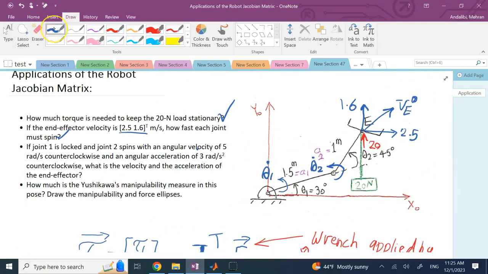What's the third problem? Here is the direct velocity problem. It says, let's for a moment lock joint 1 and just spin joint 2 with a theta 2 dot of 5 radians per second counterclockwise, also with an angular acceleration of 3 radians per second squared counterclockwise. So here I'm giving you theta 1 dot, theta 1 double dot, theta 2 dot, and theta 2 double dot. And I want you to tell me how fast the end effector is moving and what the acceleration of the end effector is.